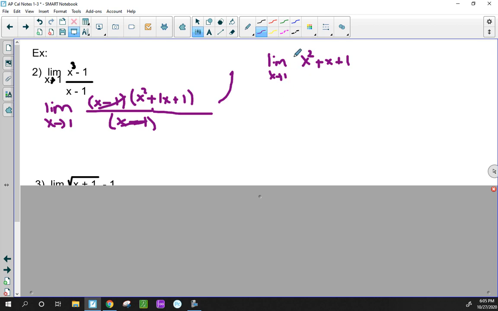Now that I'm ready to substitute, I do not have to write the limit notation down. I just go ahead and go directly to the problem and substitute 1 in x's place. And so 1 squared is 1, 1 plus 1 plus 1 is 3. So the answer to that question is 3.